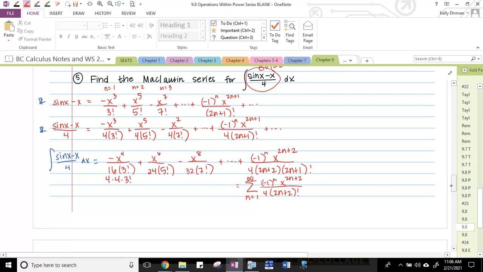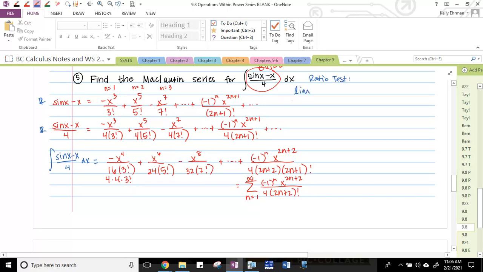That's what we don't know. Now we have to check an interval of convergence. So how do we figure out when the interval of convergence doesn't have endpoints, when it's all real numbers? Well, we just need to make sure that this still converges by the ratio test. So, ratio test for our final answer.